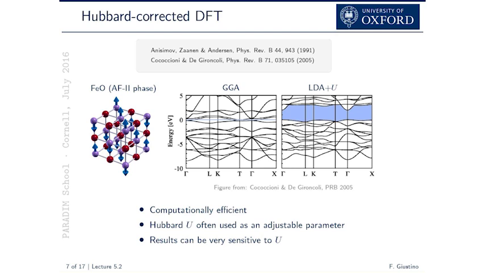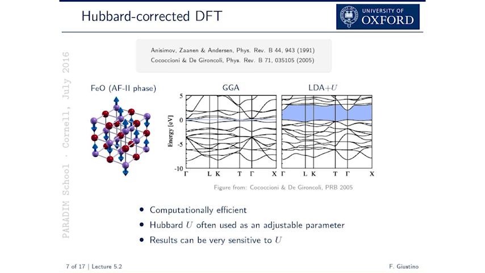What you will notice is that the size of this gap, or if you're studying defects, things like that, will be quite sensitive to the Hubbard parameter. And in order to fit experiment, or go close to experiment, there is a big temptation to adjust the parameter so that you get a reasonable answer. So in practice, the problem is that the results typically are quite sensitive to this parameter.